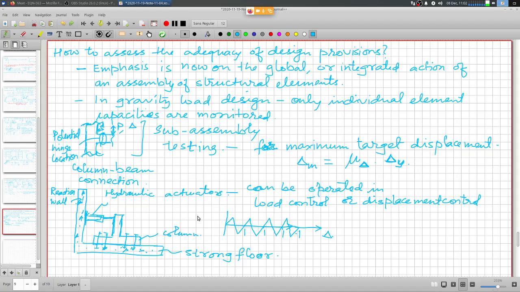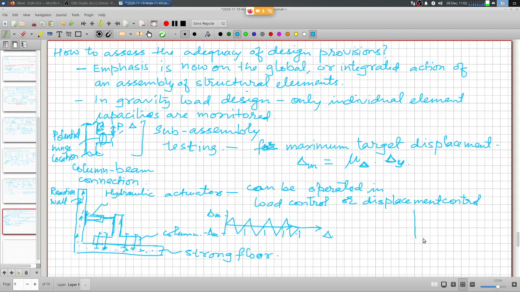So now this is a cyclic behavior. So we are testing the capacity in both directions, for the different directions of the earthquake motion, right? And when we do this for the maximum displacement, this is delta m and this is minus delta m. Obviously there is a feedback system which will monitor the complete load deformation curve.